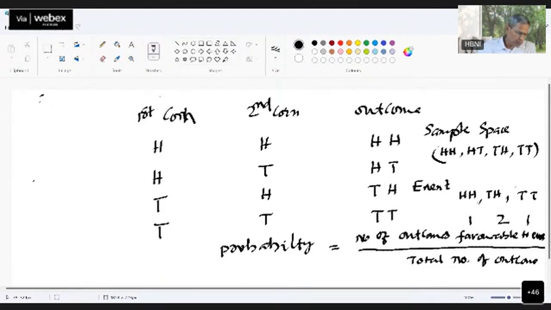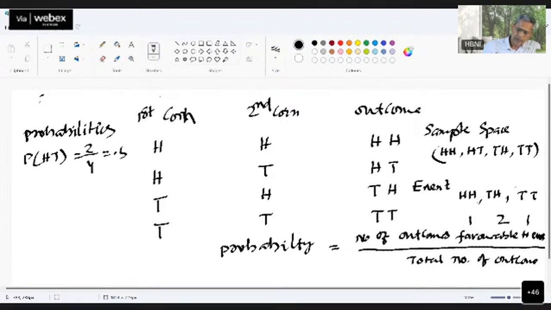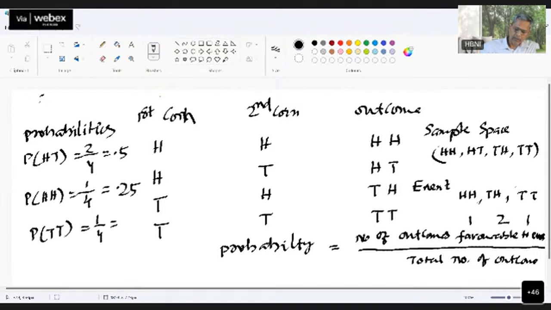So in the present case, you could write the probabilities. P of HT, that will be 2 by 4, that is equal to 0.5. Probability of HH will be 1 by 4, that is equal to 0.25. And if I write TT, that is again 1 by 4, that is equal to 0.25.